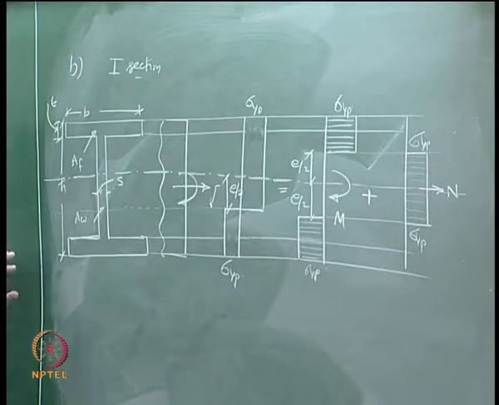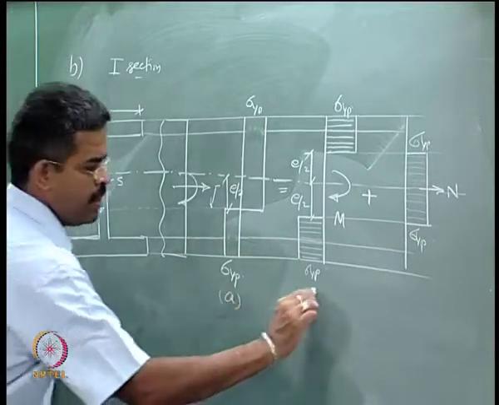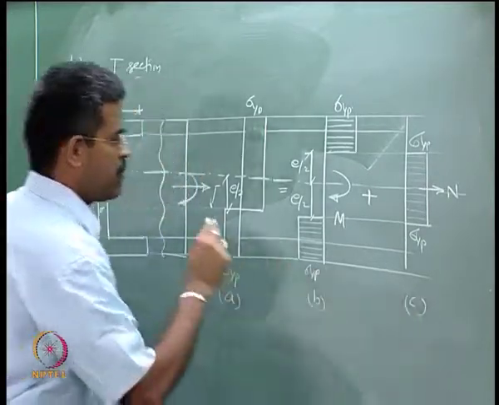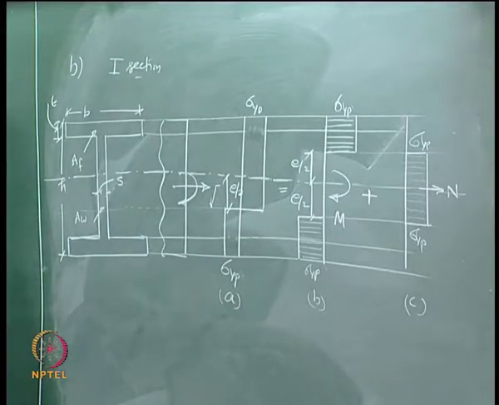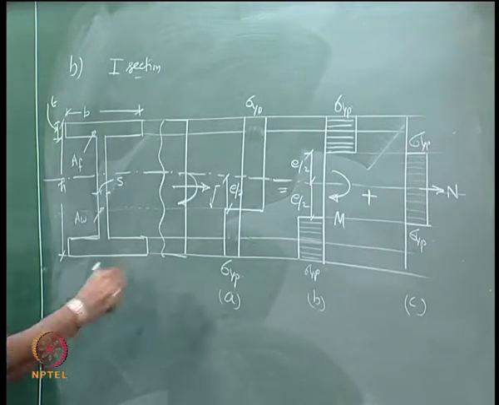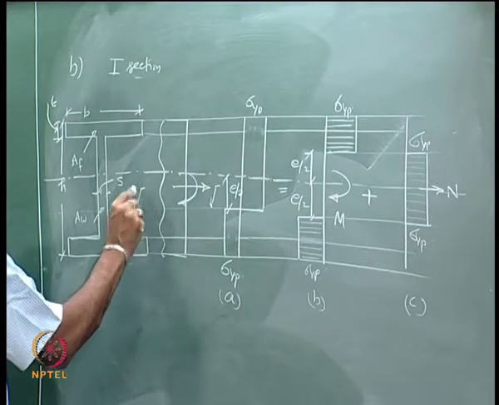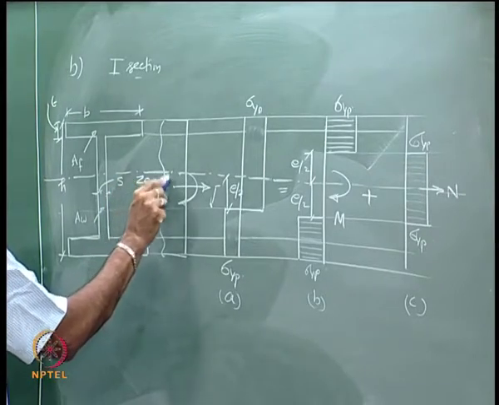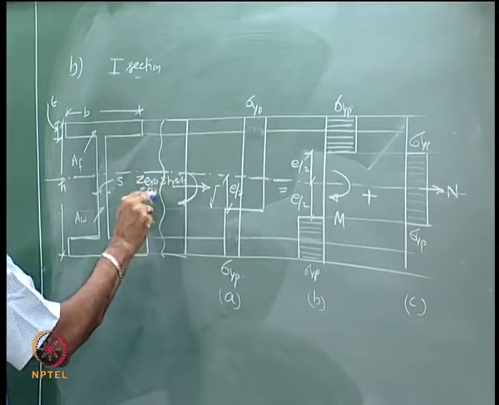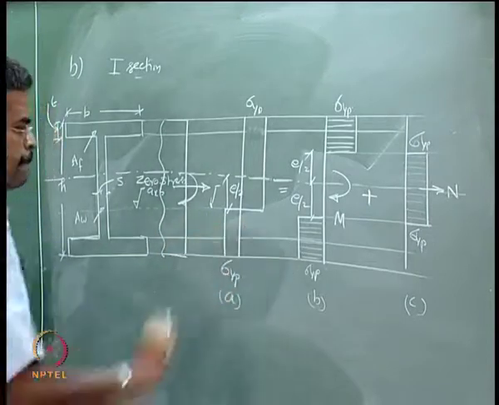So, already these are the same as A, B, C. A is the combined action, B is the bending alone, and C is the axial load alone. So, this is what we call the 0 stress axis. Stress is 0 here. Okay.